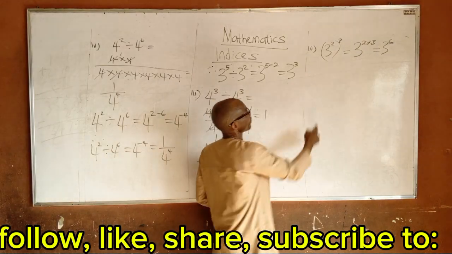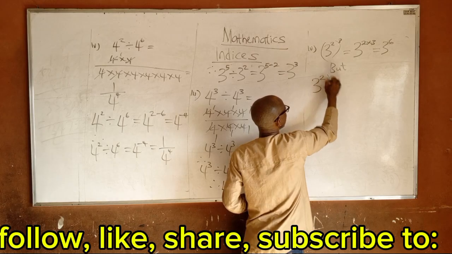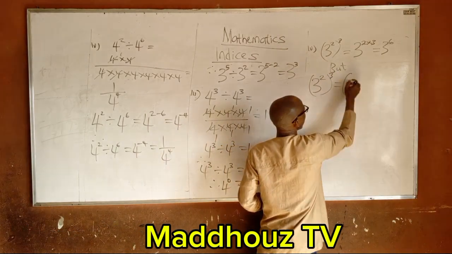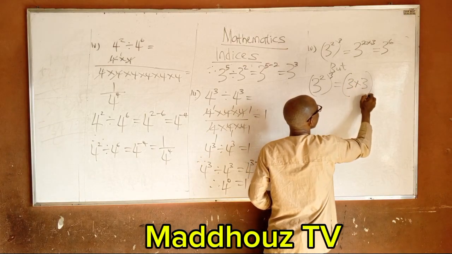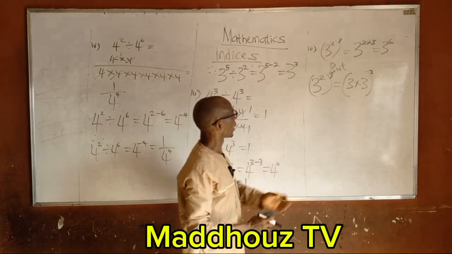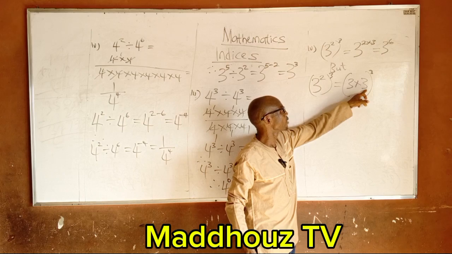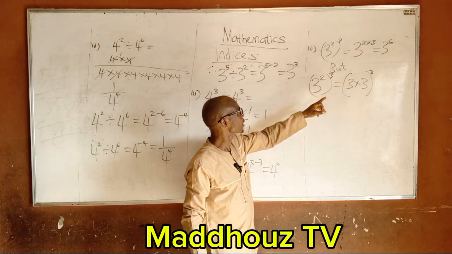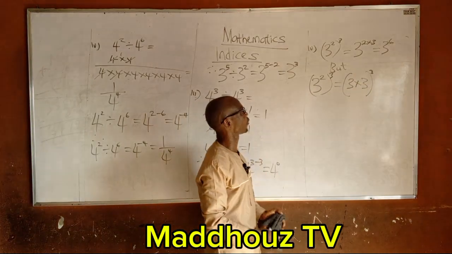But if we want to evaluate this, what do we do? 3 raised to the power 2, bracket, raised to the power 3 is the same thing as open bracket 3 times 3 raised to the power 3. Is that not? So you can see that 3 raised to the power 2 means 3 times 3. Now, all this is also raised to the power of 3.